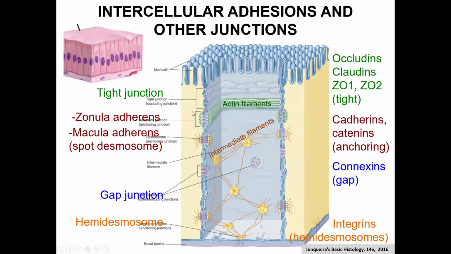Now let's very fast go through these three types of junctions, and I begin with the attachment junctions. The attachment junctions can be of two types.